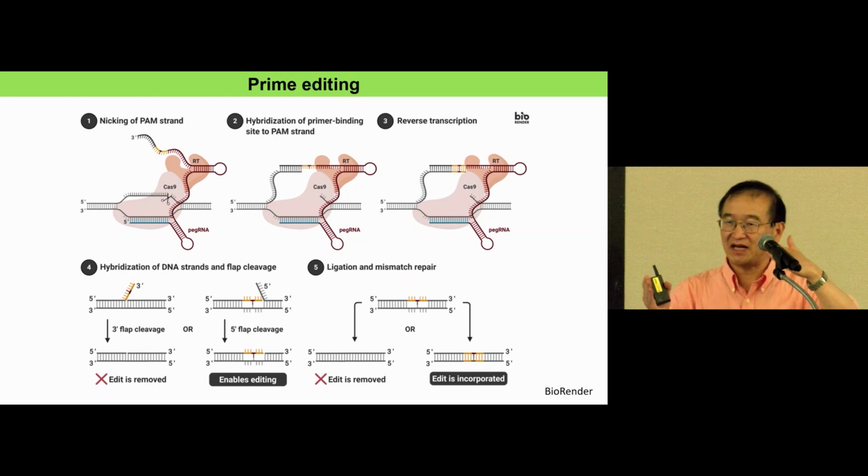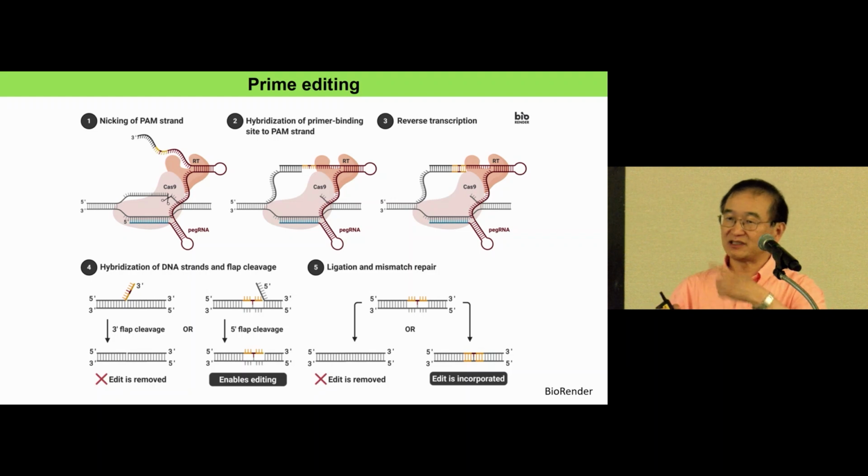One is the 3' flap, which incorporates the sequence change, and another is the 5' flap, which is wild type. So the 3' flap and the 5' flap are in equilibrium, and sometimes if the 3' flap is incorporated, you have the sequence change. And if the 5' flap gets in, then you have the wild type.